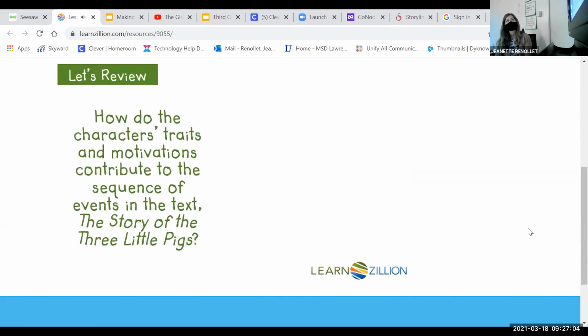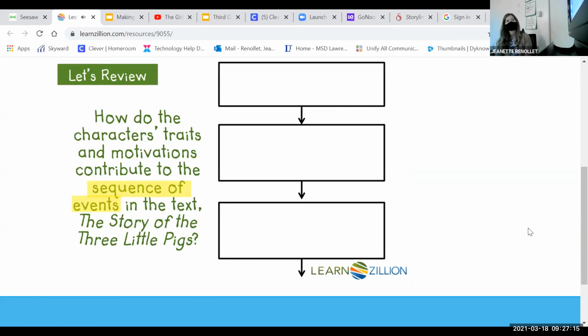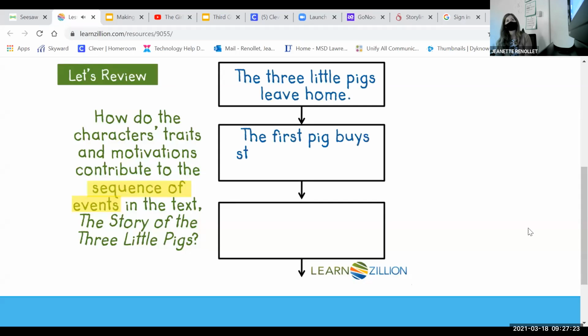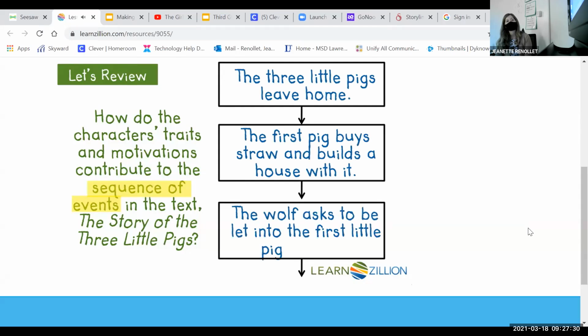The question we are focusing on today asks how the character's traits and motivations contribute to the sequence of events. The sequence of events is the order things happen in a story. For example, at the beginning of this story, the sequence of events is the three little pigs leave home, then the first pig buys straw and builds a house with it, and after that, the wolf asks to be let into the first little pig's house.